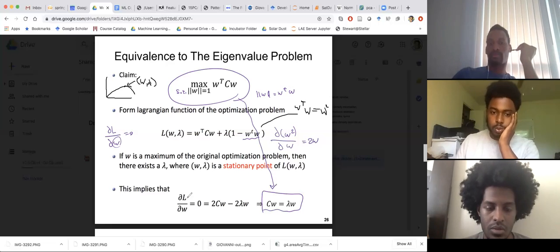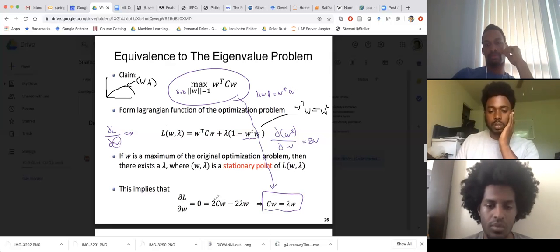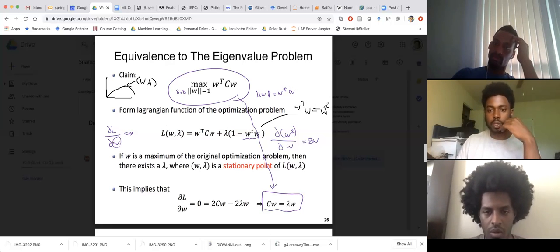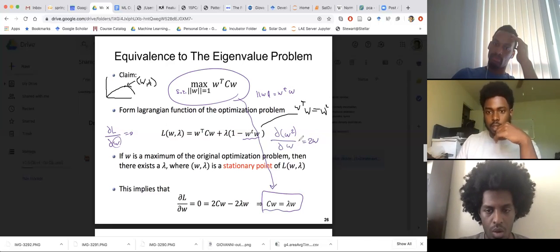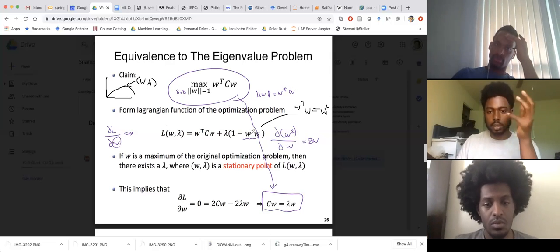So we're going to take the derivative of the Lagrangian optimization function and set it equal to 0. Because w transpose w equals w squared, when you take the derivative of that it's just 2w. We have 3 terms, with the lambda, then minus w squared.